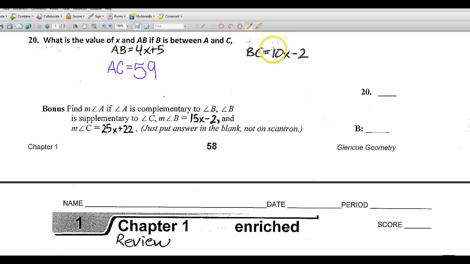For the bonus, find the measure of A if A is complementary to B. So A plus B equals 90. B is supplementary to C, so B plus C equals 180. And the measure of B is 15x minus 2, and the measure of C is 25x plus 22. So we can substitute those into this equation.